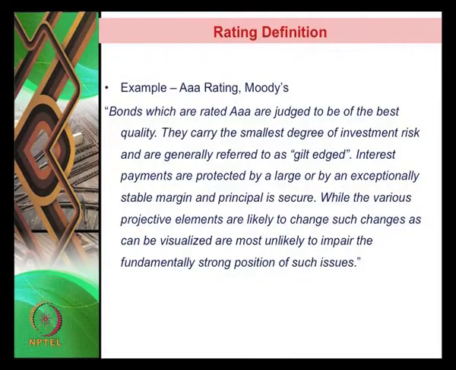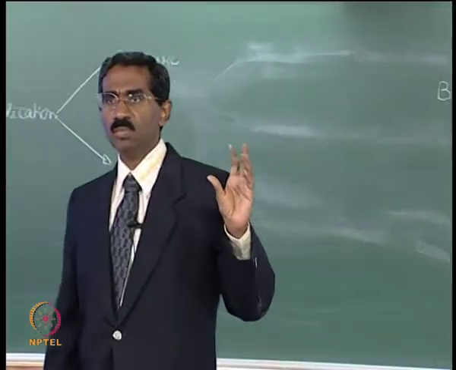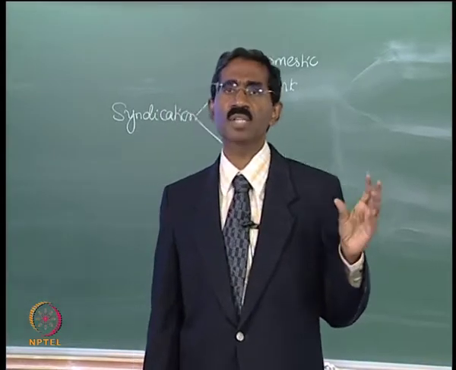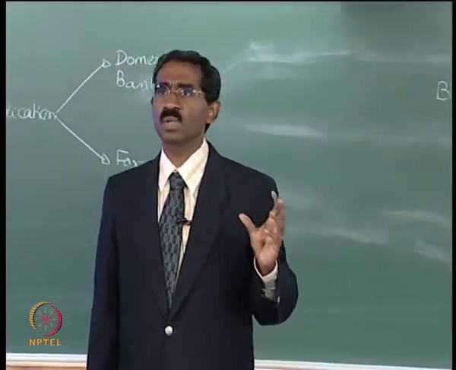Okay. Let us look at a rating definition. For example, I have given here the rating definition that is given by Moody's for the AAA rated bond. So Moody's states that bonds which are rated AAA are judged to be of the best quality. Okay, in terms of what you mean by quality, it is listed later, but the top line states that bonds rated AAA are judged to be of the best quality.